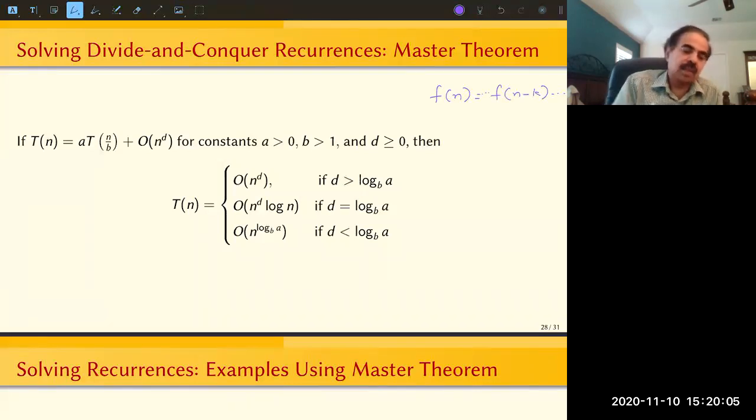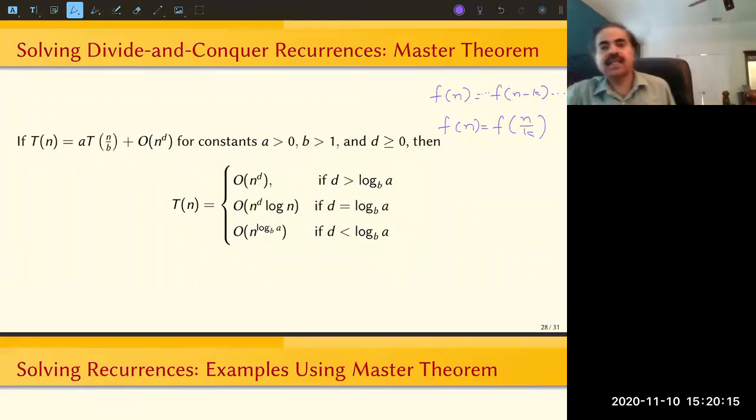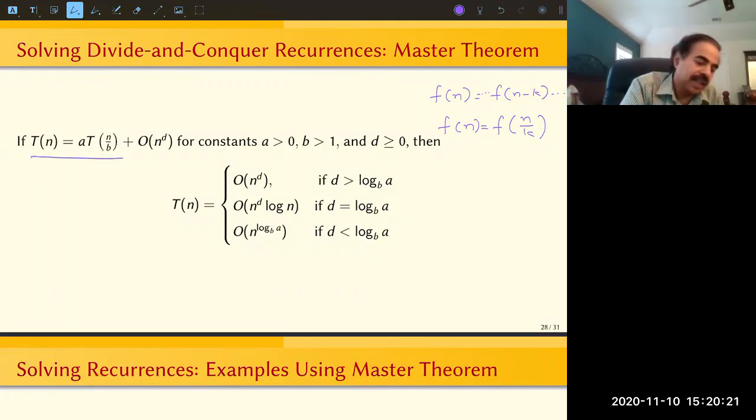Here, we have equations of the form f of n equals f of n divided by k. That is the form that we are going to see today. And that class of recurrences occurs in a certain type of algorithms called divide and conquer algorithms.